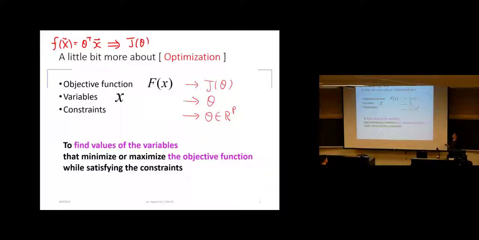The goal of the optimization is to find the values of the variables that minimize or maximize the objective function while satisfying the constraints. In our case, we want to minimize it. We want to look for the theta that minimizes J theta. So, very clear.